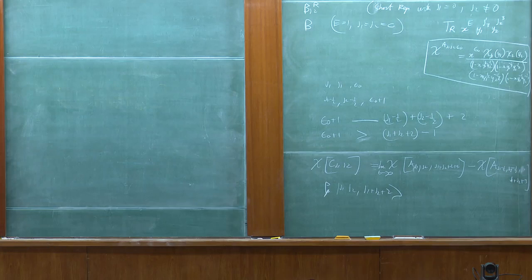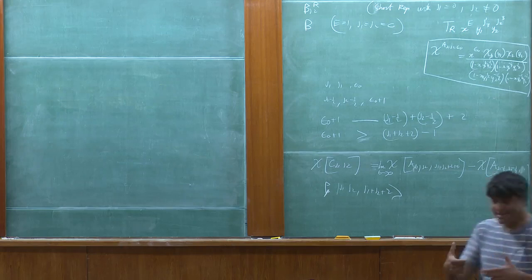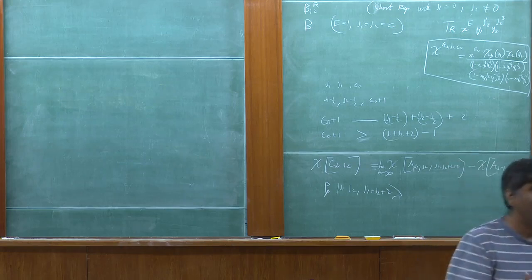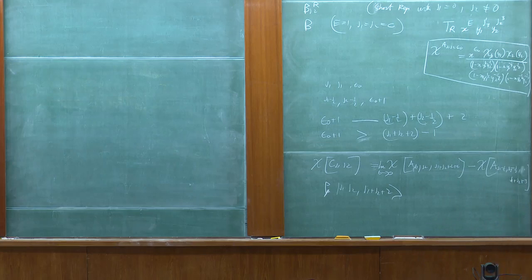Now notice that this null state was itself a long state. So its character is of the simple sort. The null state is also primary because it cannot be written as P times some other null state, the first null state.